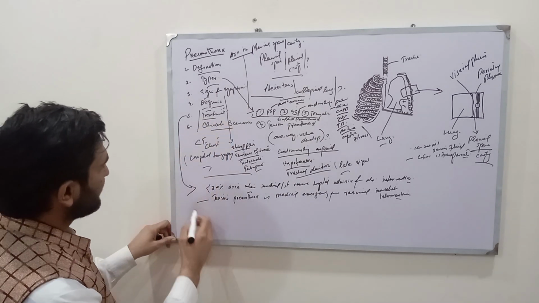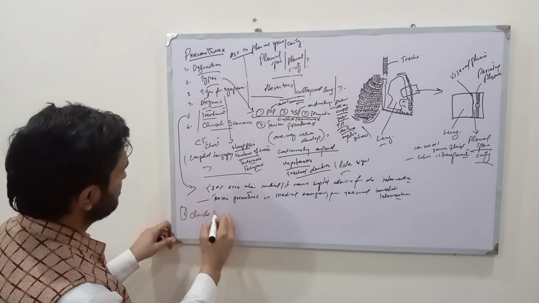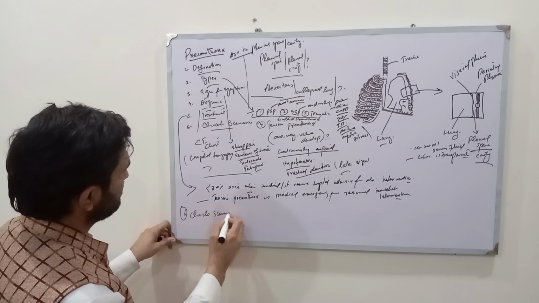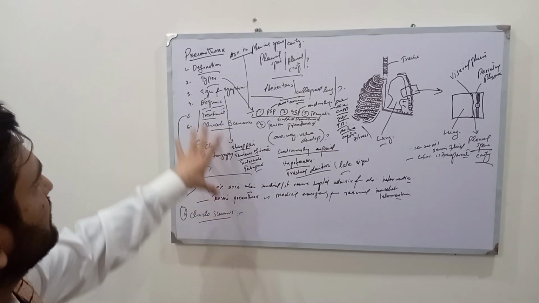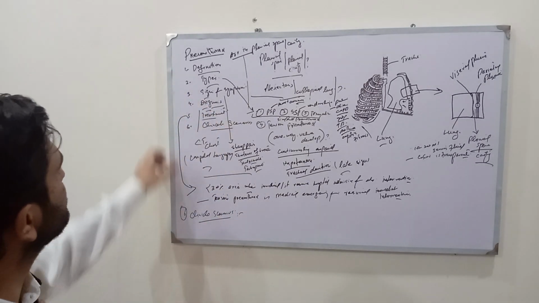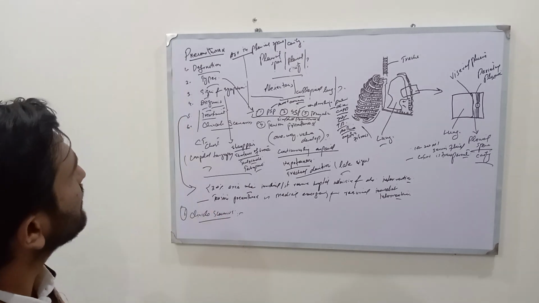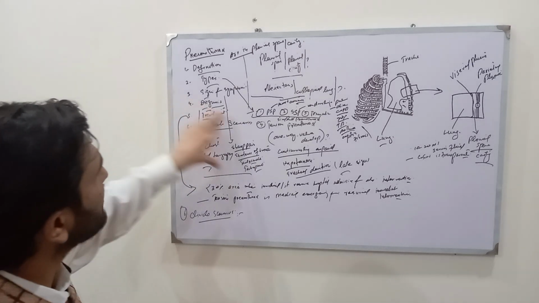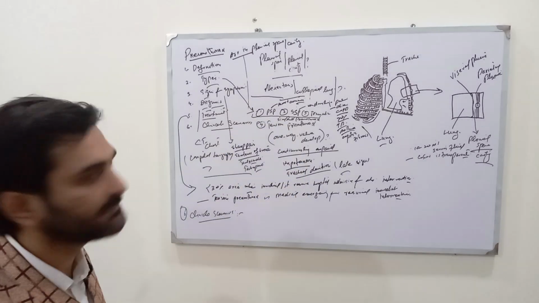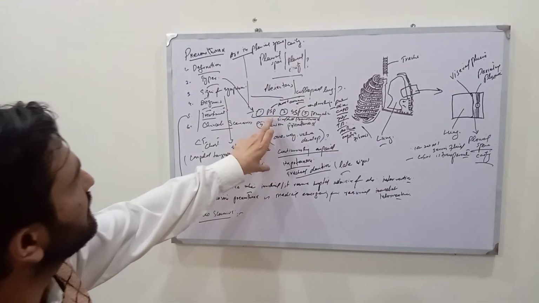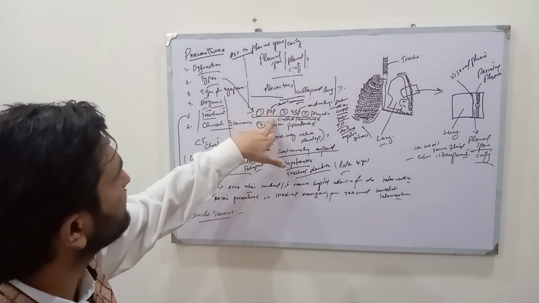Next, clinical scenarios. Before proceeding to clinical scenarios, I'm discussing and highlighting some points. First point is primary spontaneous pneumothorax. This type of pneumothorax is most common in young adults and is also the most common pneumothorax, and it's not related to any underlying pulmonary disease.